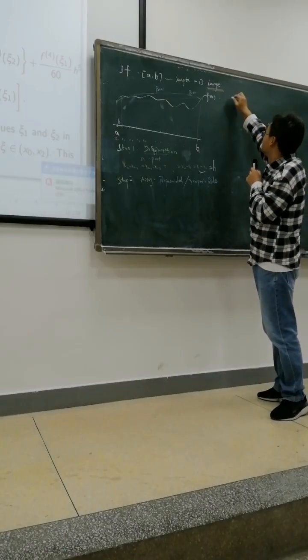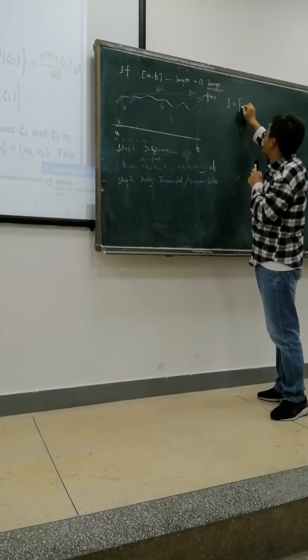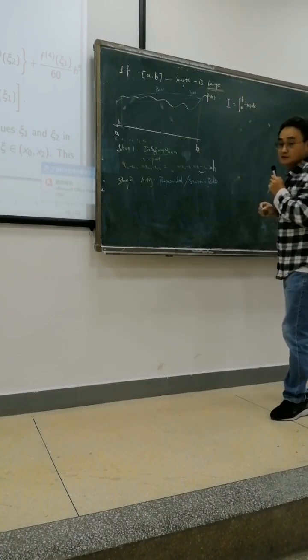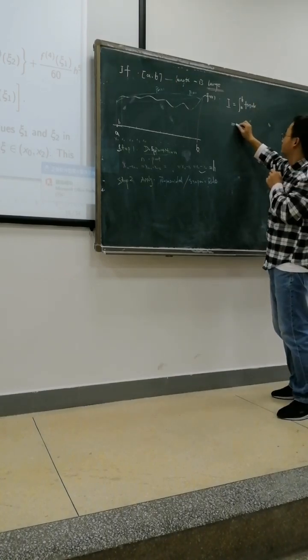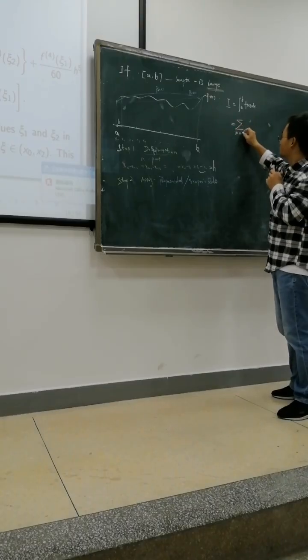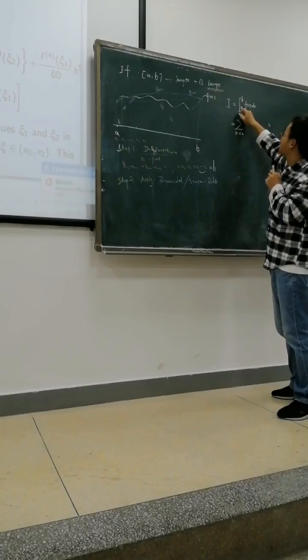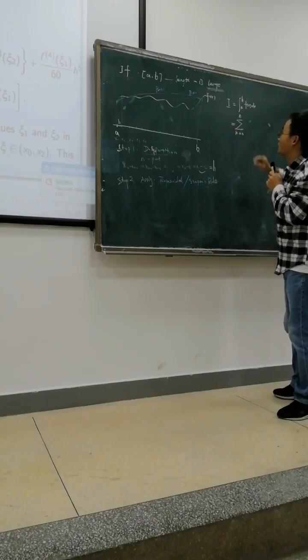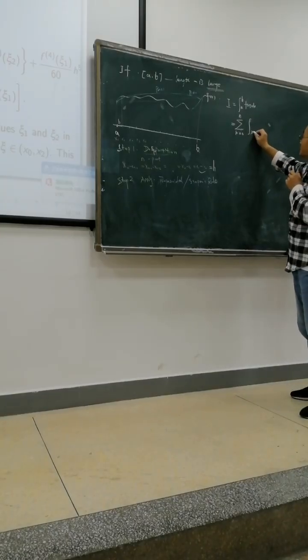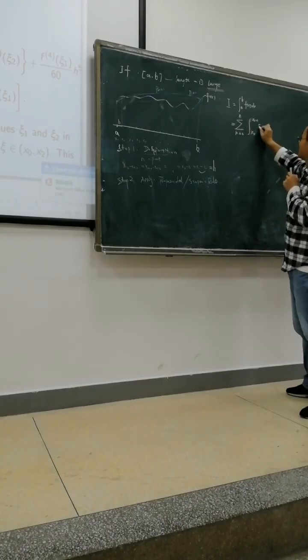Now the integral I equals the integral from A to B of f of x dx will transform to a summation, k equals 0 to n minus 1, of the integral from xk to xk plus 1 of f of x dx.